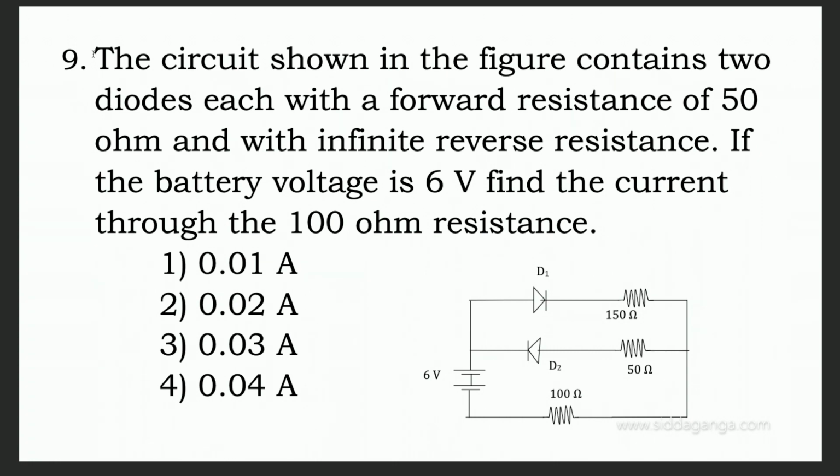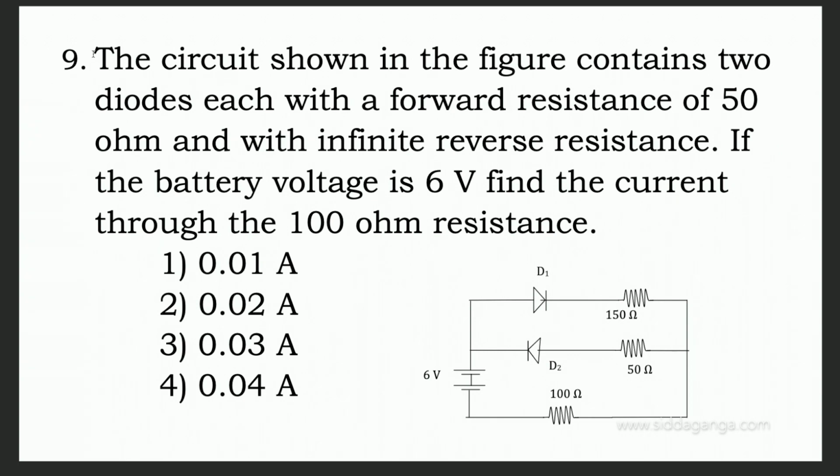So it is a 6 volt battery, 150 ohm, 50 ohm and 100 ohm. Further they told in the question that 50 ohm is the forward resistance of the diode. The question is what is the current through the 100 ohm resistor.